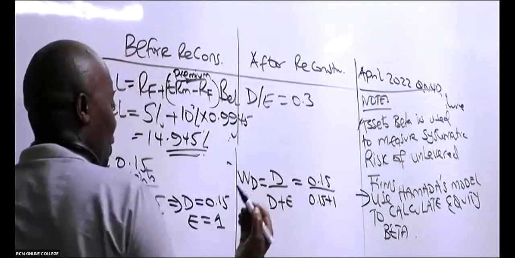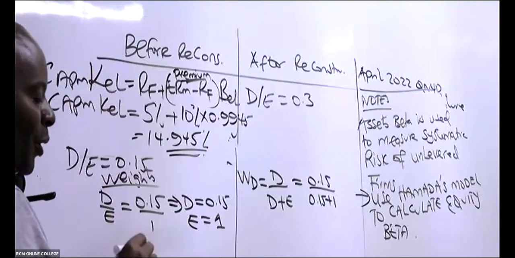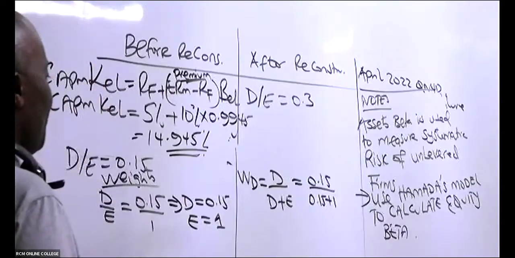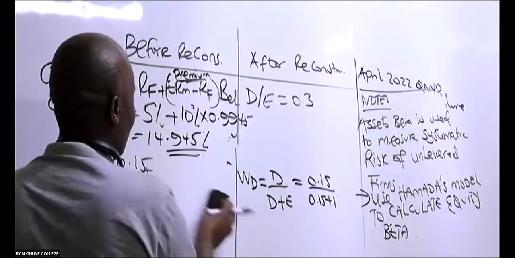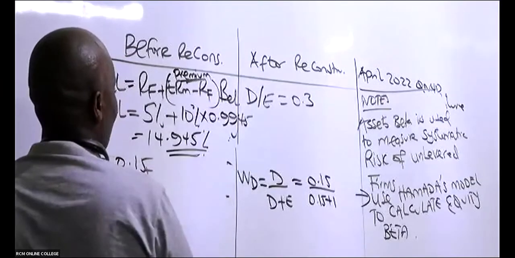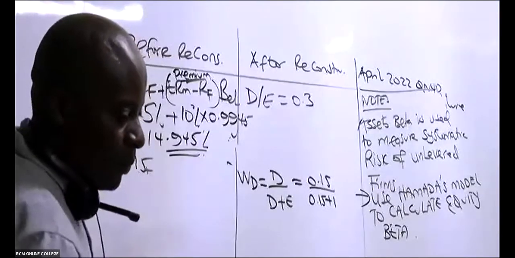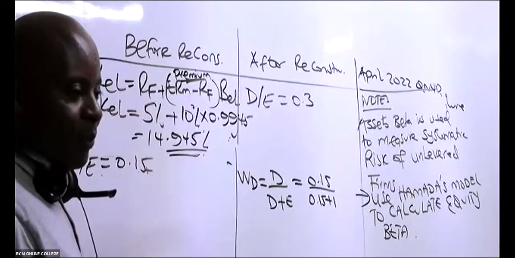So it will be 0.15 over 1.15. Kindly give me this weight of debt. I'm being given a figure of 0.1304.